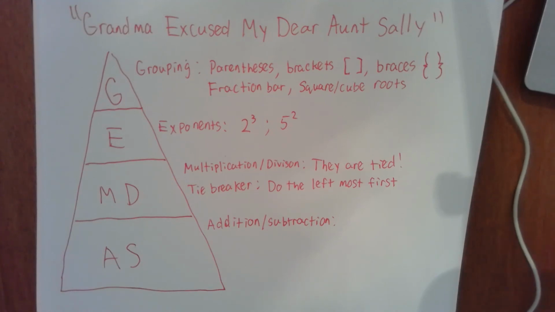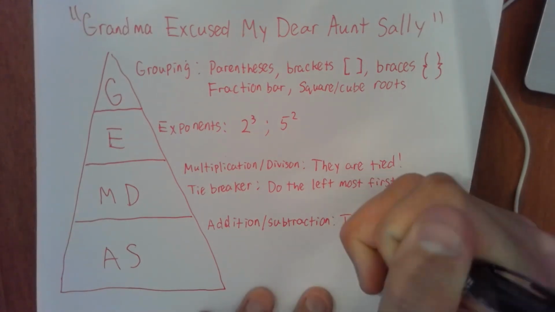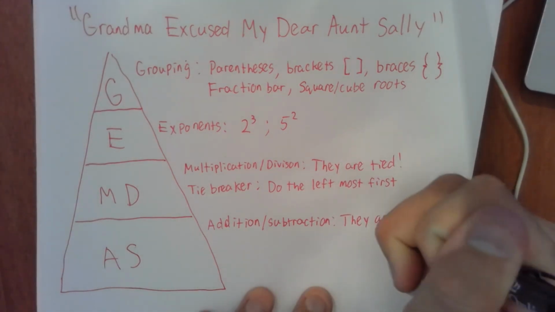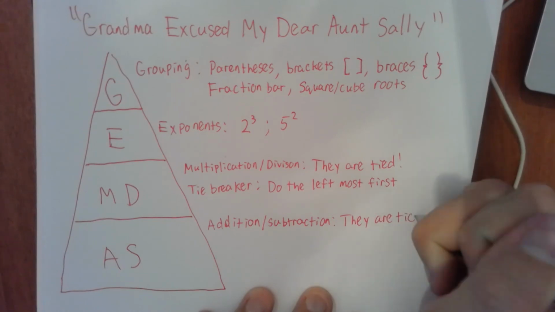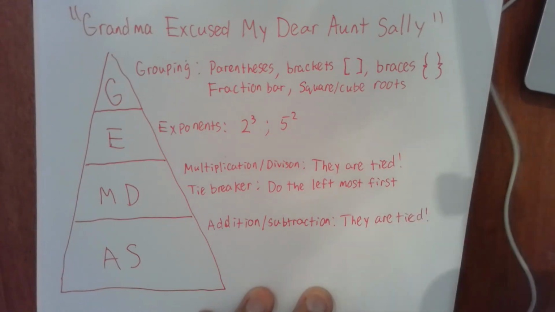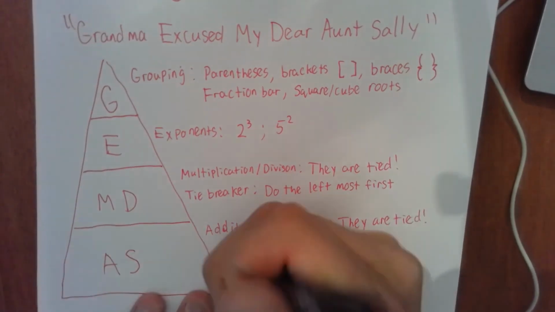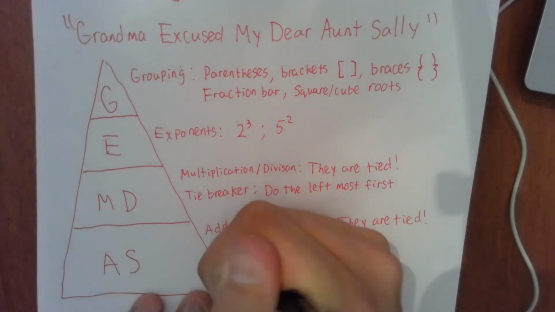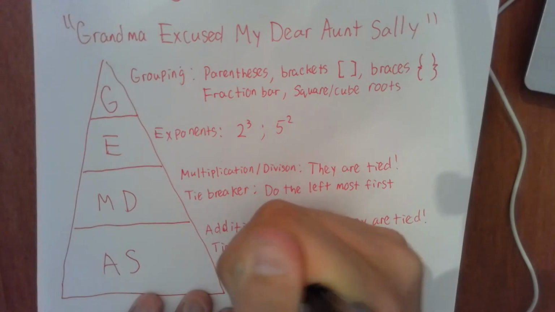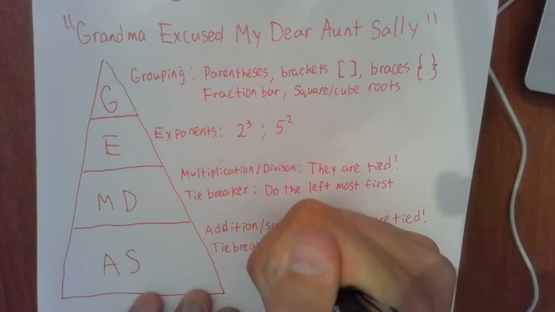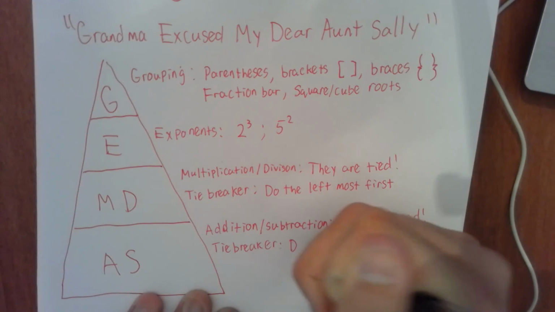The exact same thing I did in multiplication and division. Because addition and subtraction, they are also tied. They are tied. And the tiebreaker is once again doing the leftmost first.